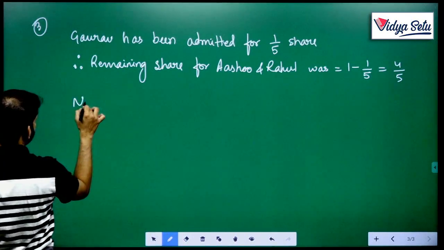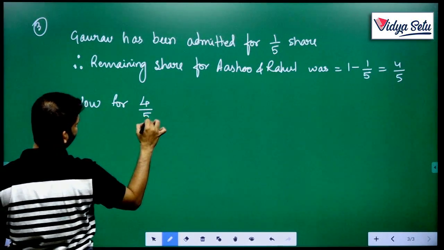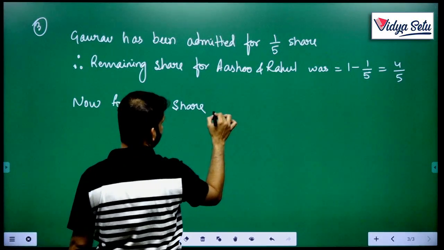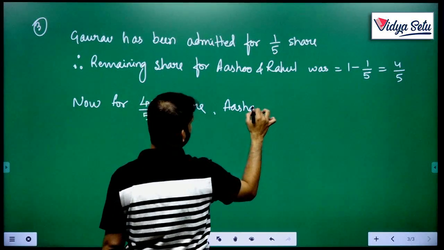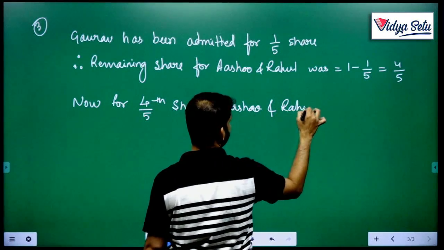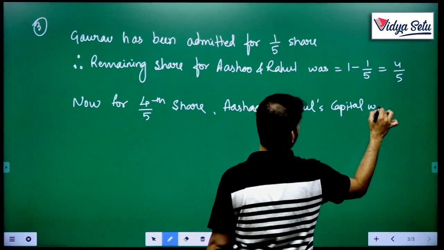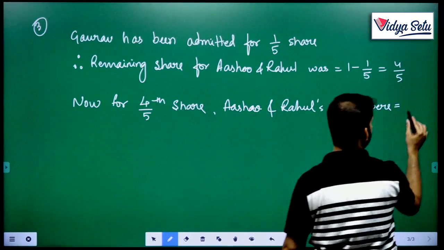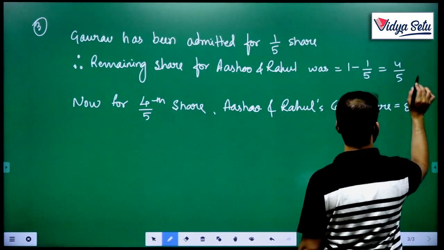Now, for the 4/5 share, Ashu and Rahul's capital were how much? 45 and 35, that is 80,000.